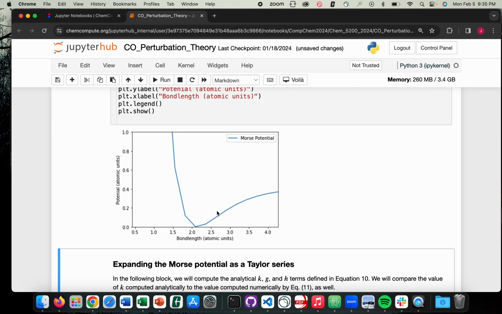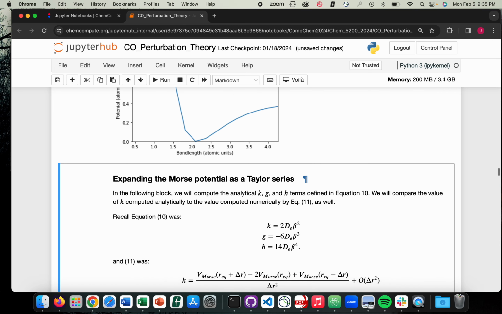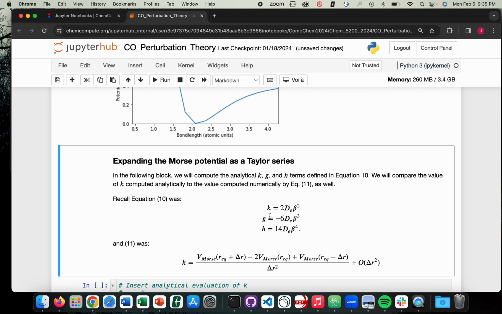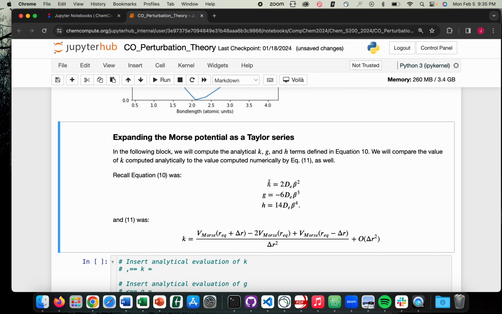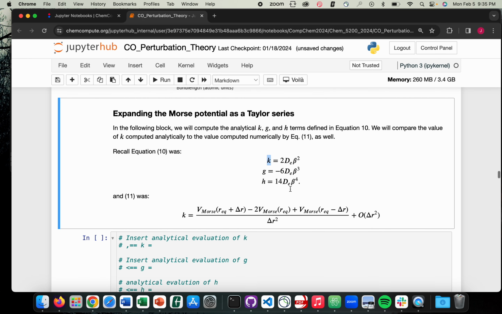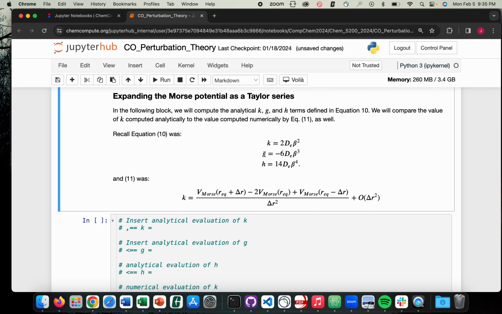Okay, now come down here. So these are lines that I have not yet completed. And what we're going to do is expand this Morse potential as a Taylor series, right? And so we have these nice analytic expressions for the quadratic, cubic, and quartic terms.